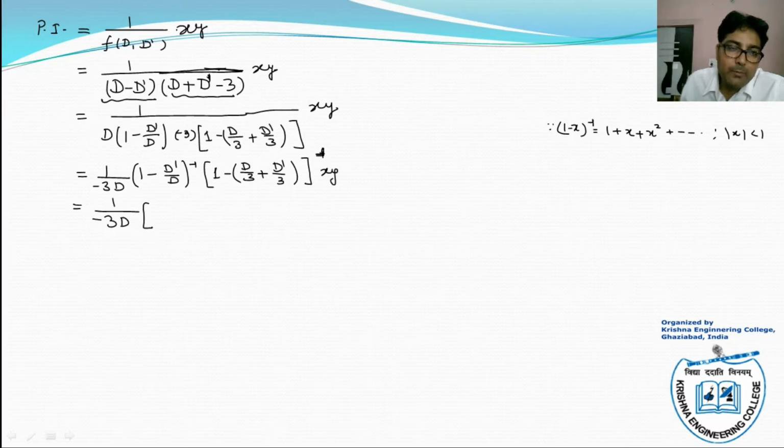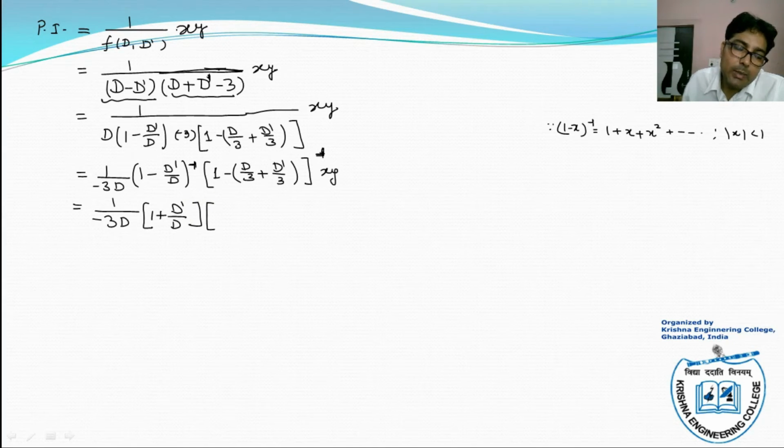We expand it as homogeneous. So we expand it up to the degree 1. So in this we take the degree 1 up to the degree 1. So this becomes D dash upon D, 1 plus x only. Clear?